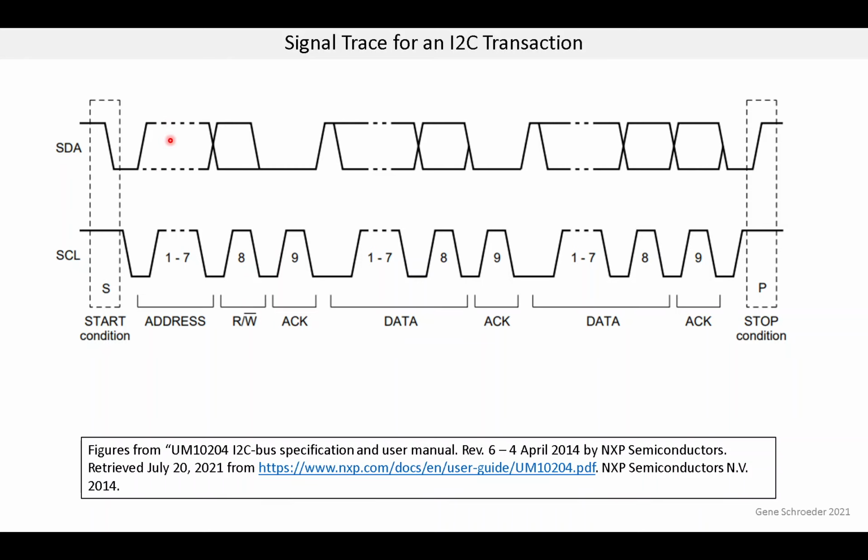And that will tell you whether it's a low or a high. So a hardware designer would say that we sample the data signal on the rising edge of the clock signal. And after the falling edge of the clock signal, for example here, that is when it is time to change the SDA signal to be ready for the next bit.